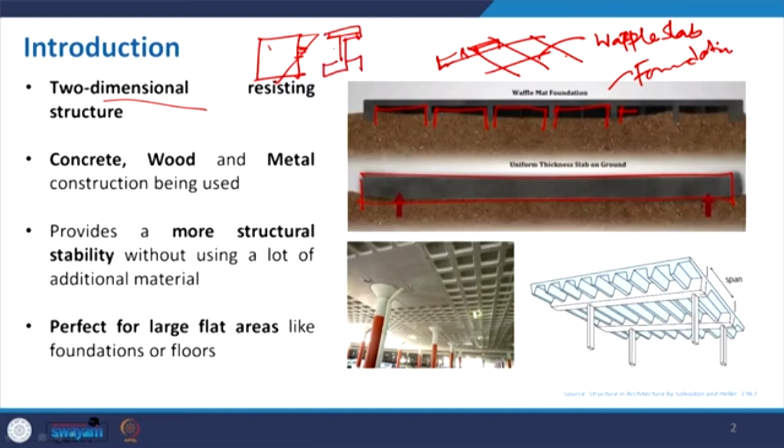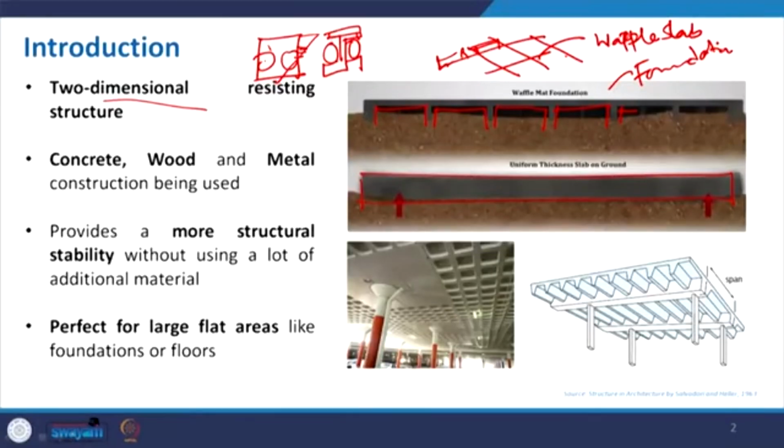We can easily remove this portion of the solid section and improve the structural section to make it cost effective, and when you reduce the material, remember that will also reduce the dead load. So that is advantageous.